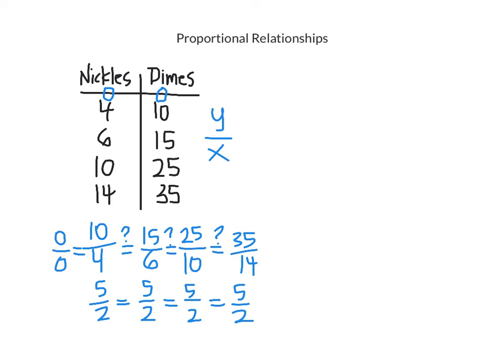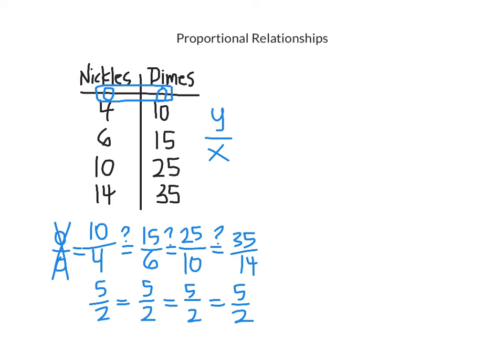And the answer is no, but you don't worry about that because we know that one of the requirements for it to be direct variation is that it be linear and that it go through 0, 0. So if it gives you this, then you already know that it goes through 0, 0. The only other thing you have to check is, is it linear? So if we were to graph this, you would see that it's a straight line going through 0, 0.